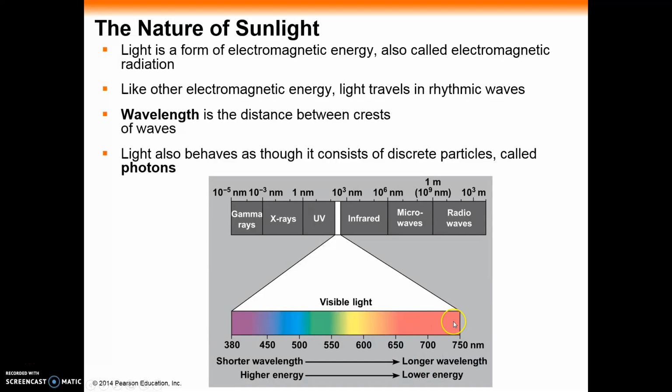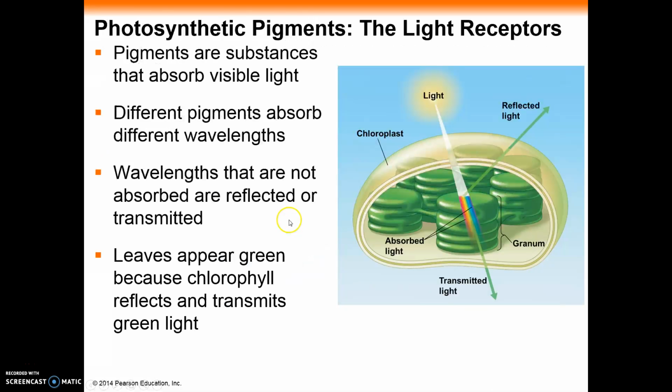Red is longer wavelength. Blue and violet are shorter wavelength. Okay, so higher energy. So it shouldn't be a surprise to you that UV light or X-rays or gamma rays can actually damage you because they have so much energy associated with them.